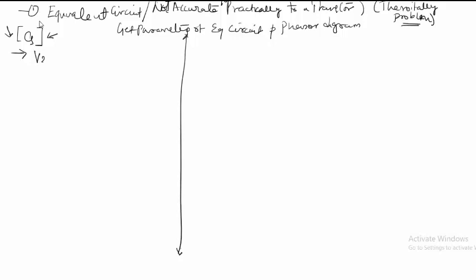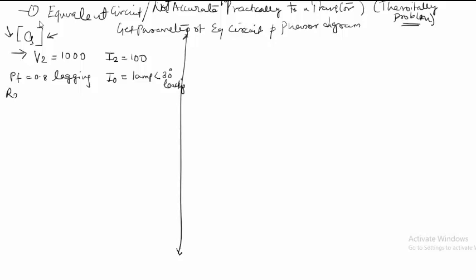So the question here is: the voltage of the transformer at the secondary side is 1000, the current drawn at the secondary side is 100, and the power factor of the current at the secondary side is 0.8 lagging. The other parameter is the magnetizing current, or the no load current drawn, which is 1 ampere, 30 degrees leading.